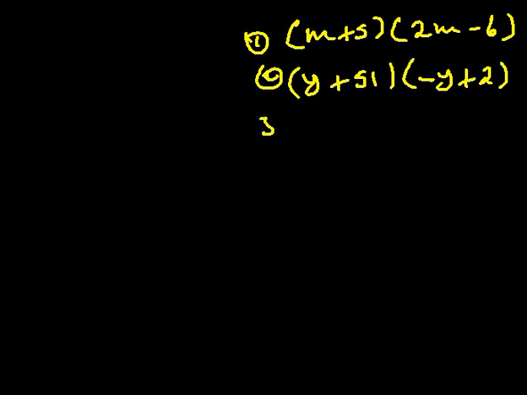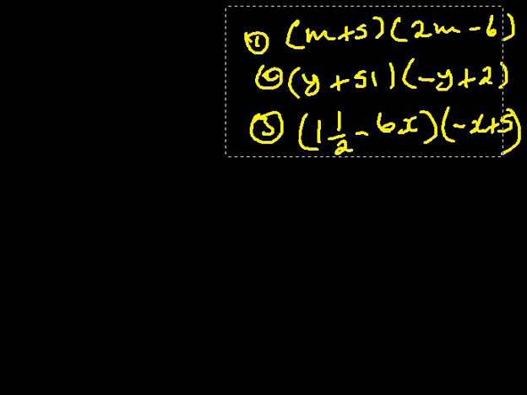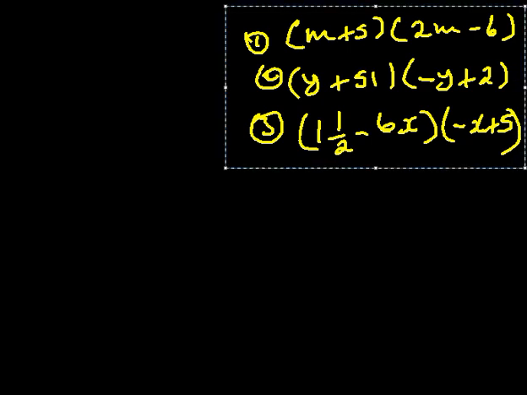And also let's think of having 1 over 2 minus 6x, times negative x plus 5. So try to have the product of those binomial expressions and see what quadratic expression will be produced from that.